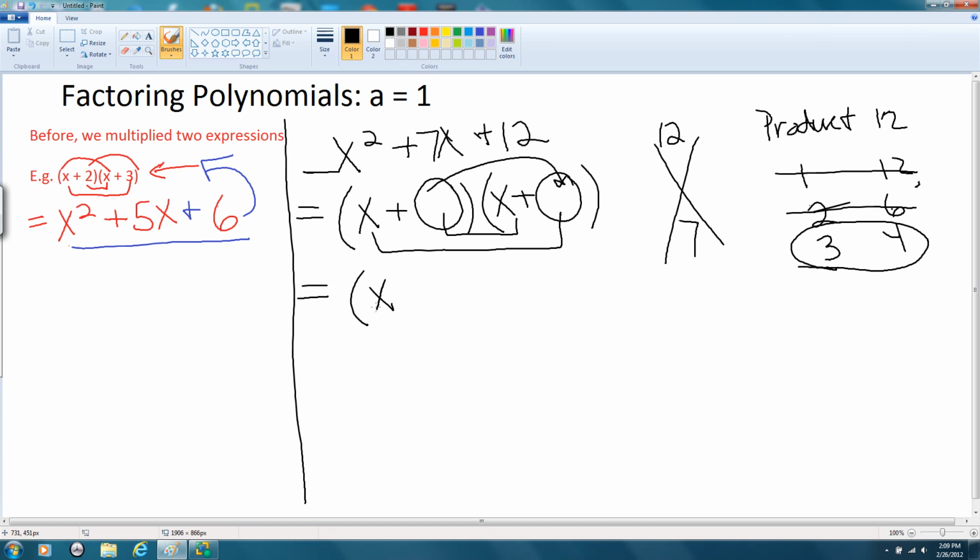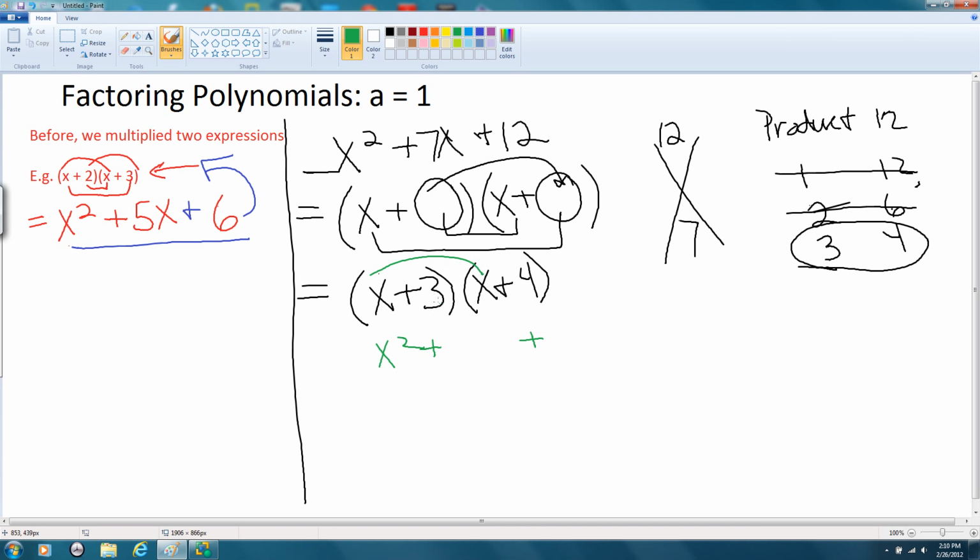So if we go x plus 3 times x plus 4, we always want to check it. I'll check it in a different color here. We get x squared, and then plus over here.